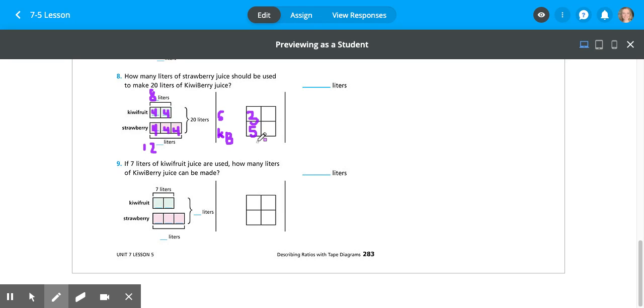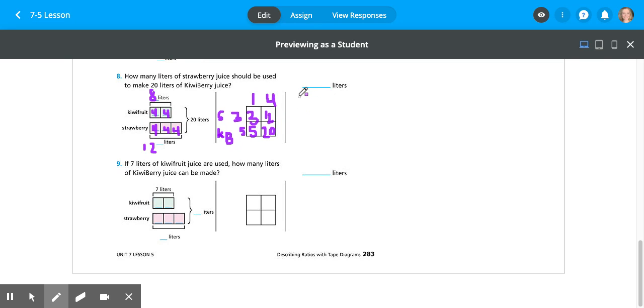And then we know it's a total of 20 liters. So again, we have our 1 here, 3, 5. 20 divided by 5 is 4. 4 times 3 is 12. So we have 12 and 12 because we're looking at how many parts strawberry juice.